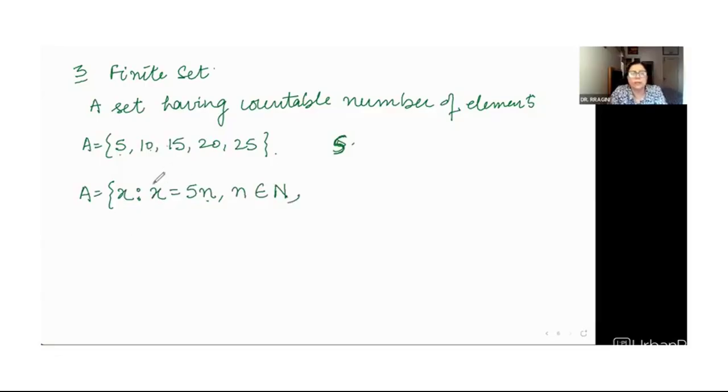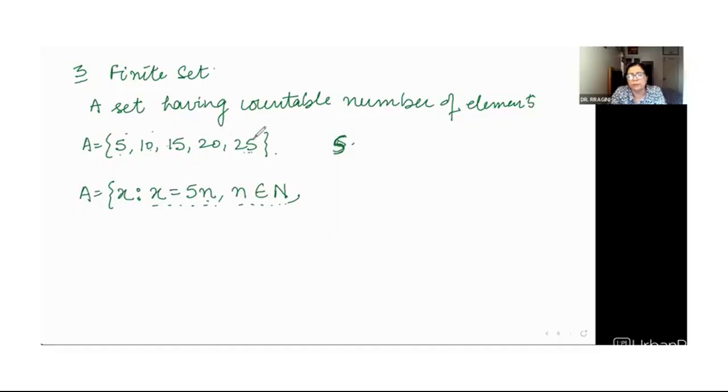So when we are writing finite sets, we have to write all these things. I told you in an earlier example also, you have to mention the set from where these numbers are being taken. This is the link or relation between the elements. Now, in the case of finite sets, you have to find the limit of the set. Limit means what is the last element here?